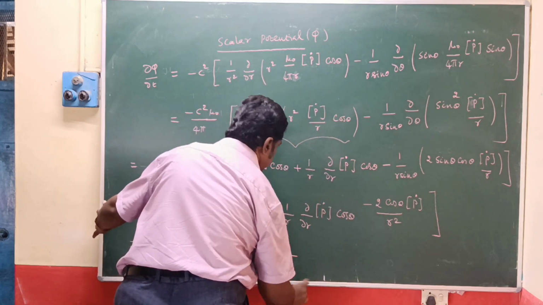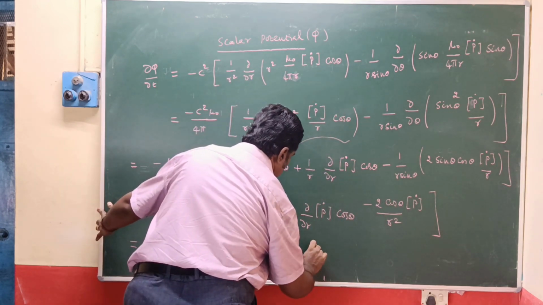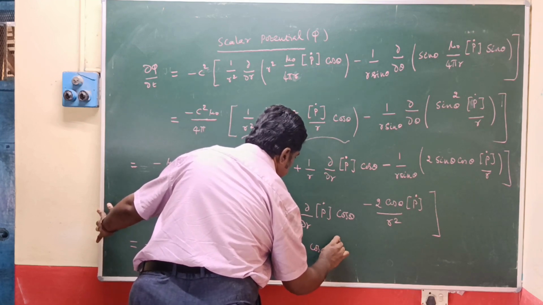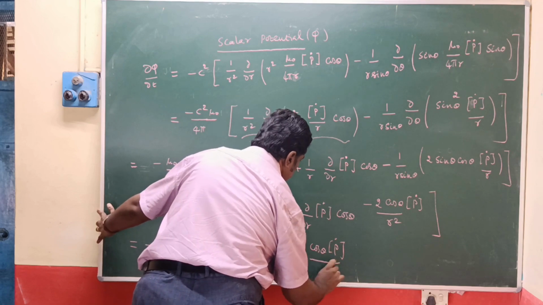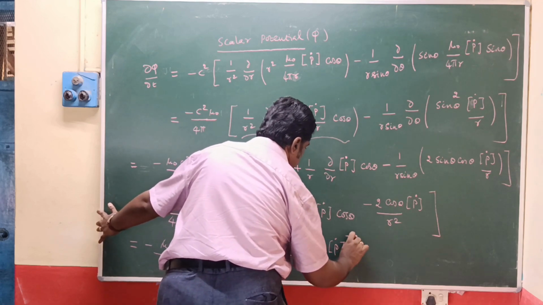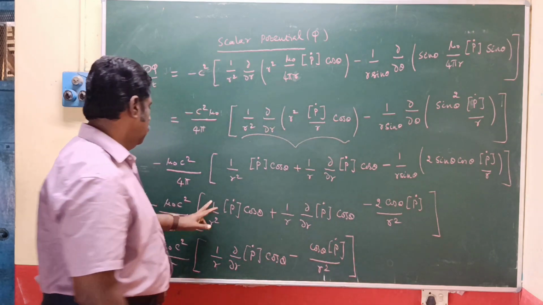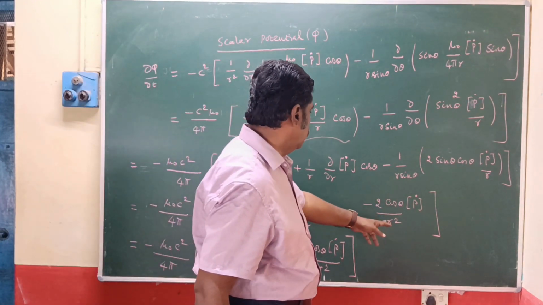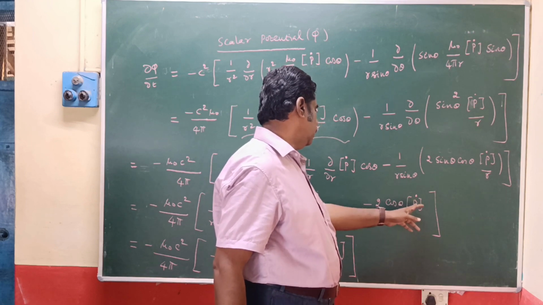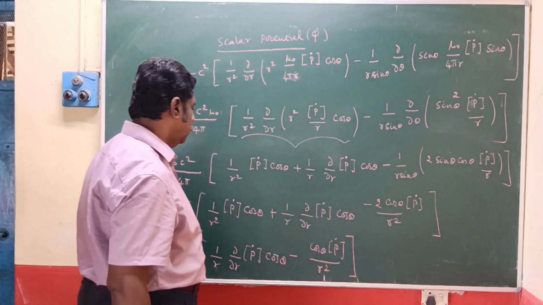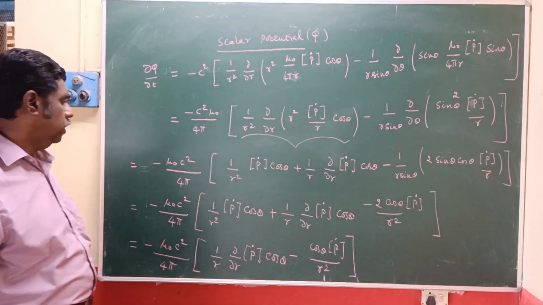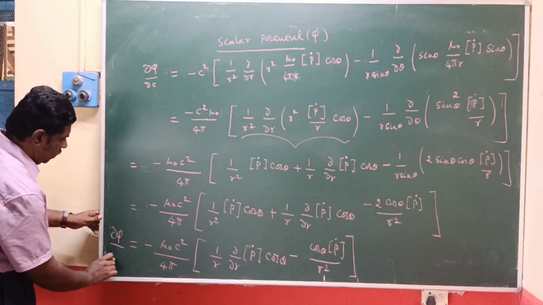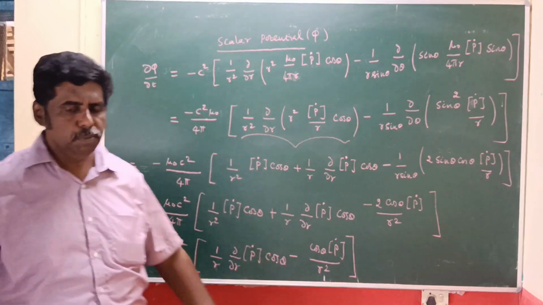It is minus cos theta P dot divided by r square. That is equal to minus of cos theta P dot by r square. This is the value of dou phi by dou t. Now we have to simplify further.